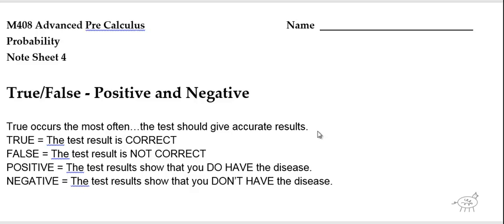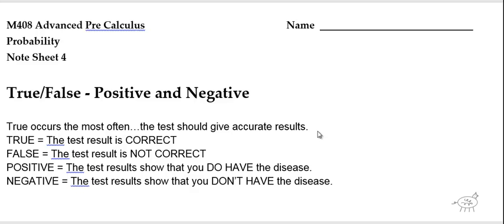If you have pneumonia and the test tells you you have pneumonia, that's true. If the test is true, that's what we call it. We have true positive and true negative. True positive is the test is correct and it's saying you do have pneumonia. If you don't have pneumonia and the test says you don't have pneumonia, that's true negative, because the test is working. That's cool.